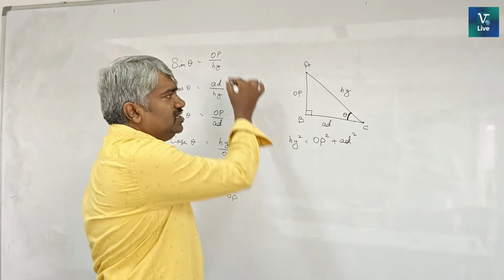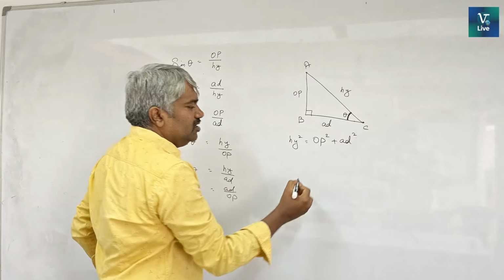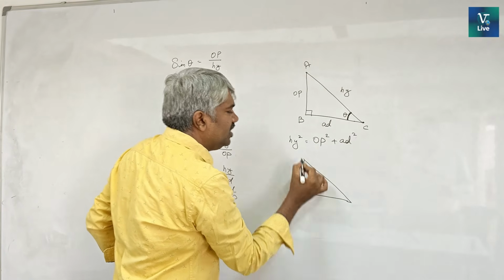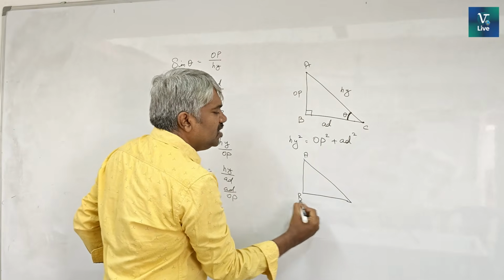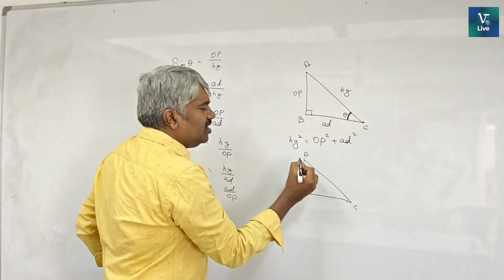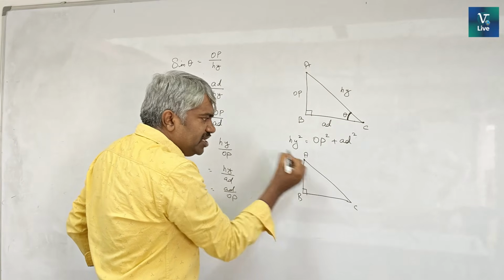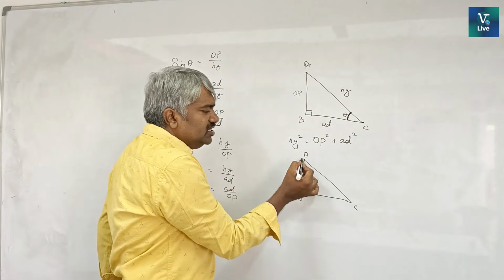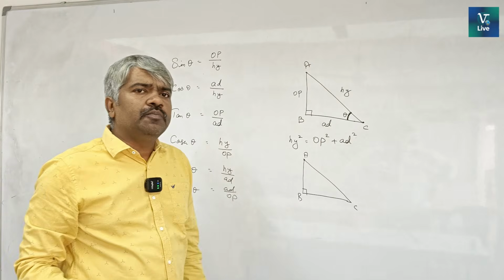Now, most of the students will have a doubt. Sir, you have explained these basics with the help of this triangle. Suppose there's another triangle, we'll take it as A, B and C, where I am standing in the position A. When I am standing at A, will the distance AB be calculated as the opposite side?